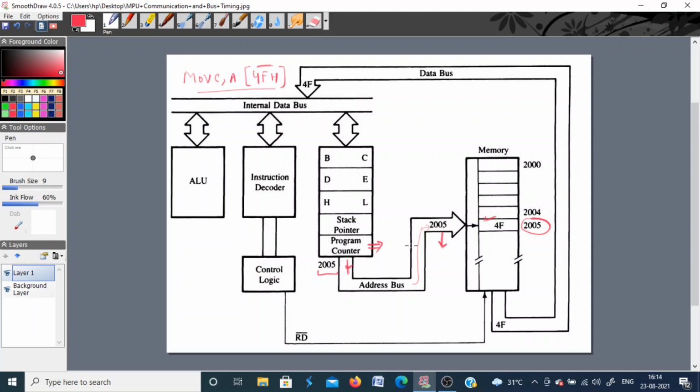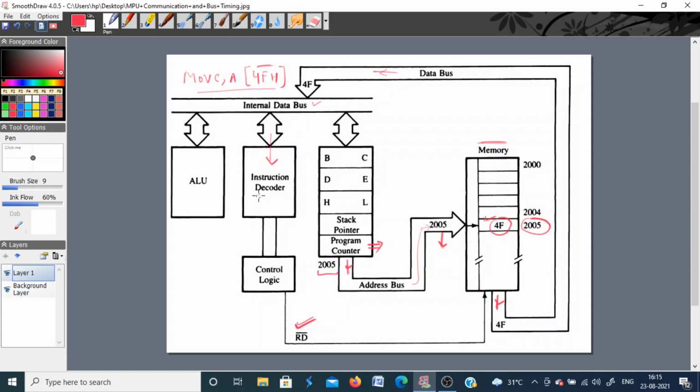From that location you are going to fetch the next byte. Once this memory location is identified, the processor will send the control signal which is read. So this memory chip will get activated, and whatever is the data at that location, that is 4F, will come on the data bus. Through the data bus, this data will go inside the microprocessor through the internal data bus into the instruction register, and from there it will go to the instruction decoder.